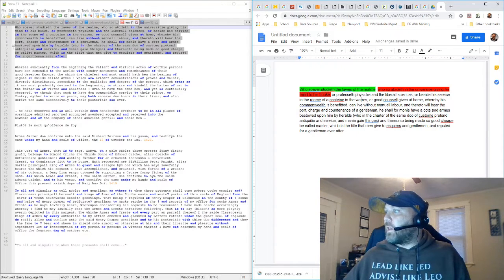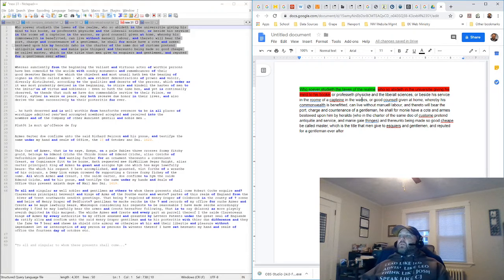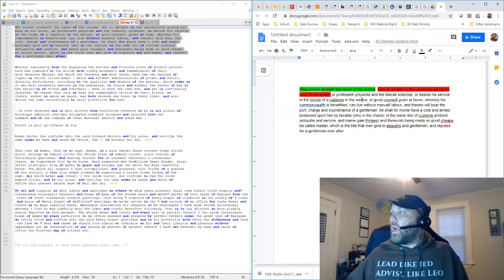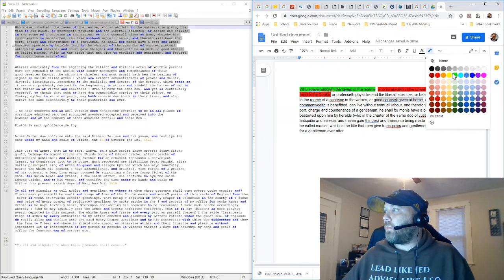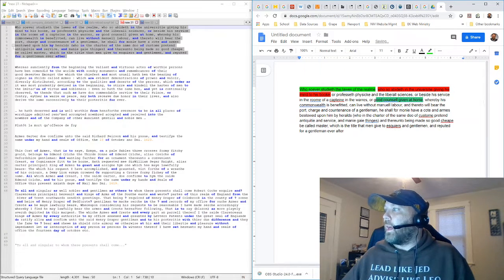'Or professeth physic and liberal sciences, or beside his service in the room of a captain in the wars, or good counsel given at home.' I like the good counsel given at home bit, but not the beginning part, so I'm going to highlight that. 'Whereby the Commonwealth has benefited,' that's one we can easily modify to be about how the kingdom has benefited from their service.